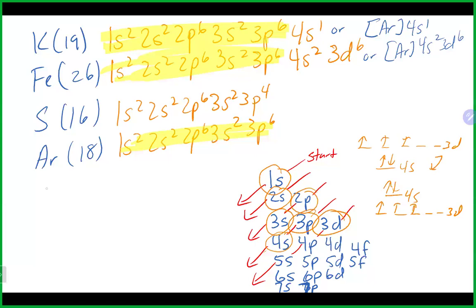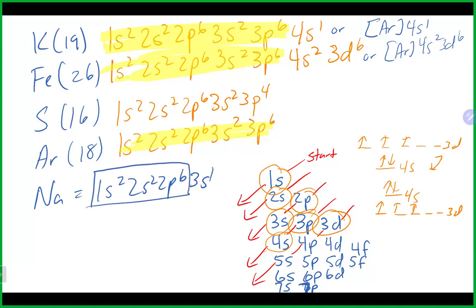For example, if I had sodium, which is 1s2, 2s2, 2p6, 3s1, if I just look at this part of the configuration, that's how many electrons? It is 10. Who on the periodic table is 10? Neon, which is a noble gas. So you could write neon in brackets and just finish out the configuration in a shorthand way.